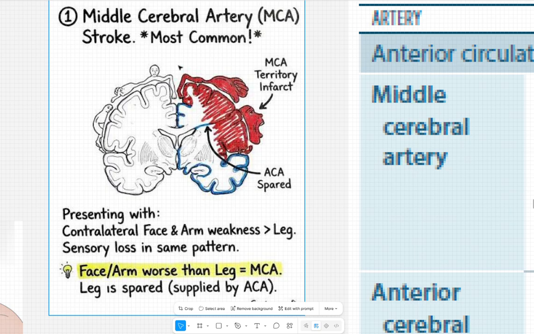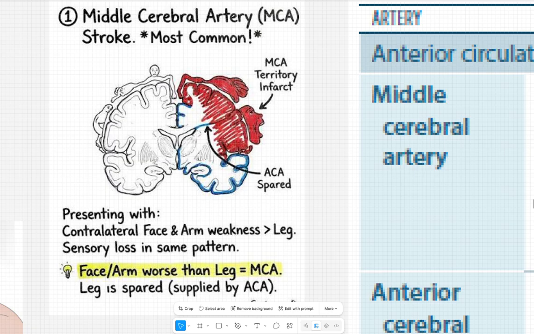Right, so the anterior cerebral artery also supplies the leg. So some of it will be spared by the supply from the anterior cerebral artery, and it will take time for the leg to come off as a loss of sensory and motor supply, right? Since the sensory homunculus is right next to the motor homunculus, that's why sensory loss comes up in the same pattern, right?